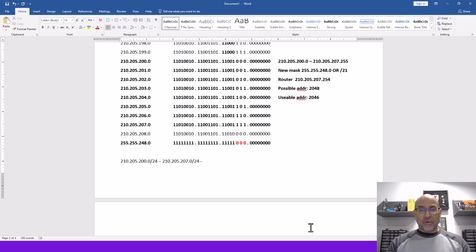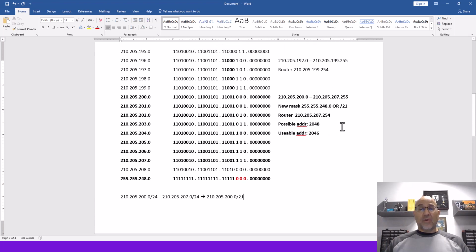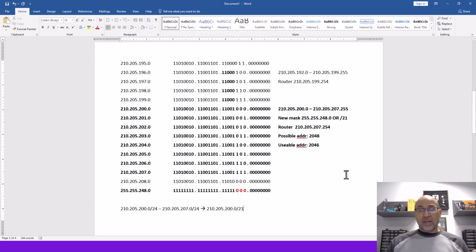We would change all of these to 1, and we would say 210.205.200.0/21. So that is the new routing table entry, and we would collapse all of these together. So that's how it's done on the binary side. Now, if we drew a topology, we would just say all of these networks would now be reached with one routing table entry. So there we go.